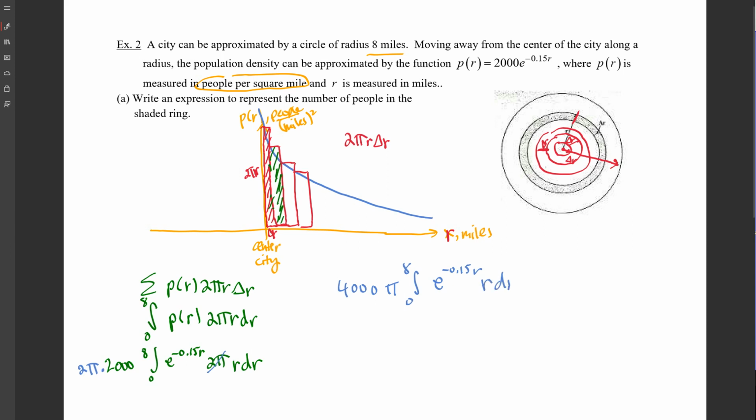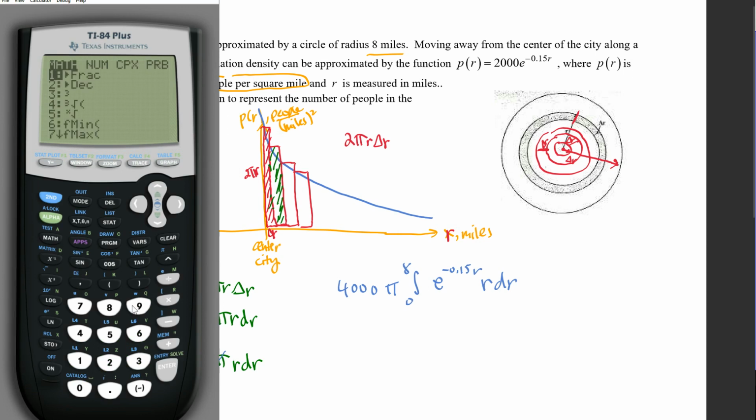times r dr. Okay, I don't think I could do this by hand. I don't think the x's are going to cancel out. So what I need to do is get my calculator out. This will be a math 9 from 0 to 8 of e^(-0.15x) times x, and this will be an x.